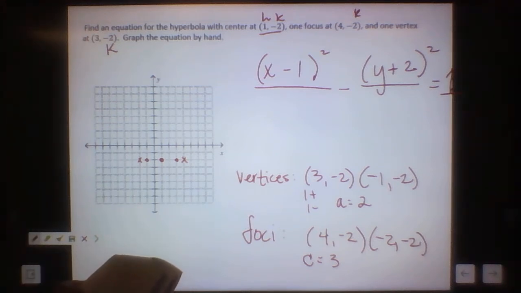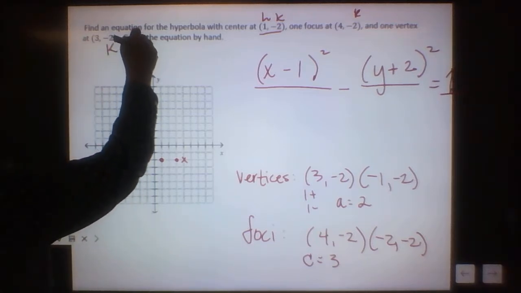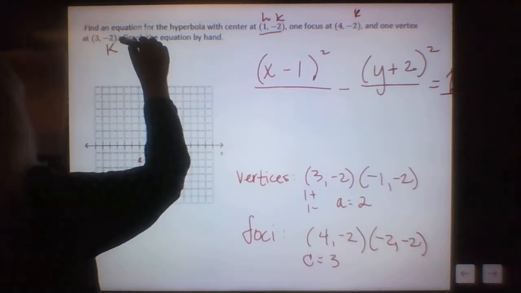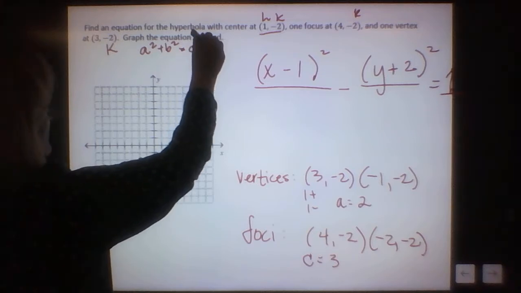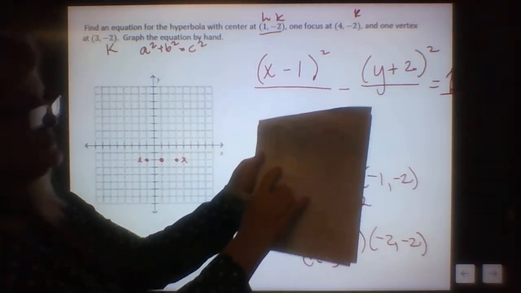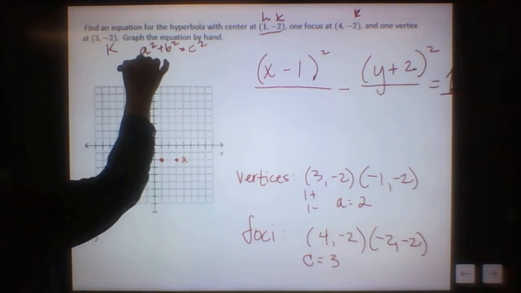Now, what can I do to find B? I'm going to do it up here. A squared plus, nope, sorry, yes, A squared plus B squared equals C squared. That's the one right here that it tells me to use. So A is 2, so that'd be 4.